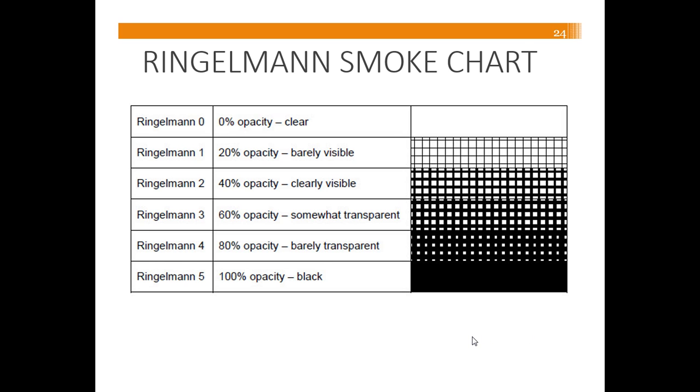This should also look familiar to you, those various densities that we were talking about, from 0 to 100. So there are actually 6 categories within which you can place your results.